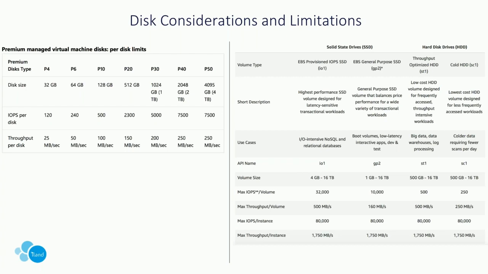The other thing to consider is the performance. So the IOPS per disk and the throughput can be impacted by the amount of storage that you're purchasing. So if you need really high performance disk with a high number of IOPS, you're potentially purchasing more storage than you actually need within the environment. And that's exactly the same for both Azure and AWS.